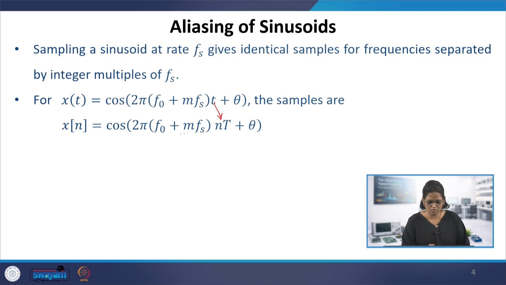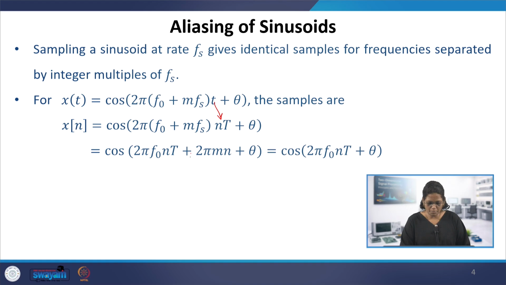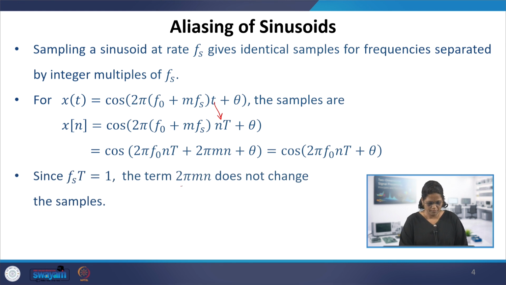If you multiply these terms out, Fs times Ts is 1. So we get cos of 2 pi f naught n Ts plus 2 pi m n, plus theta. Since m and n are integers, 2 pi m n doesn't change the samples. So it is equivalent to cos of 2 pi f naught n Ts plus theta.